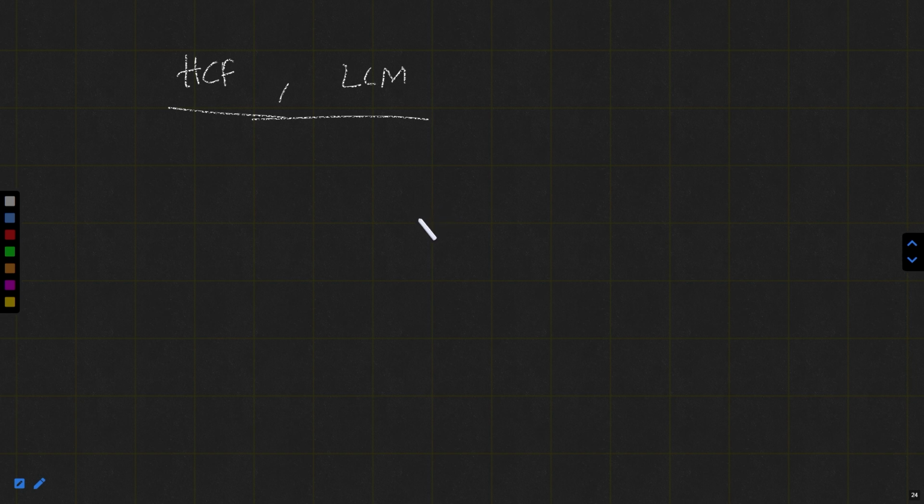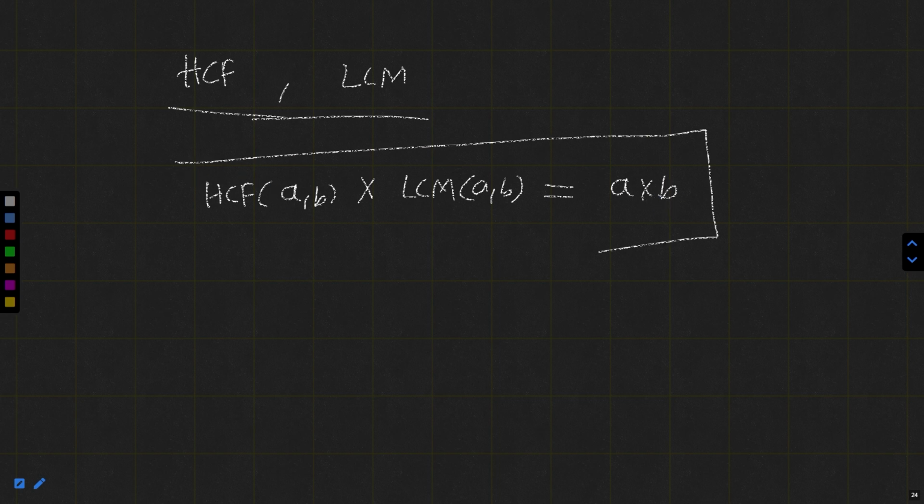We have also learned this important result: HCF of two numbers a, b multiplied by LCM of a, b is equal to the product a into b. Based on this result, we solve many problems.